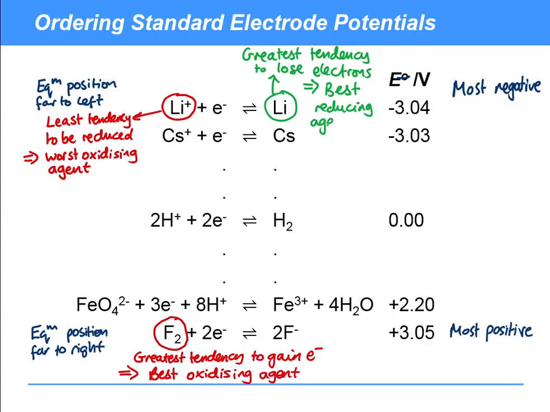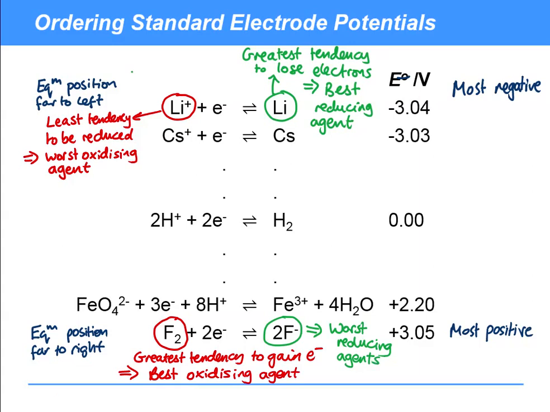That doesn't mean that it's going to react the fastest, because cesium reacts faster than lithium, but it is thermodynamically at least the best reducing agent. In contrast, fluoride ions are the worst reducing agent. So we've essentially got them with this series.